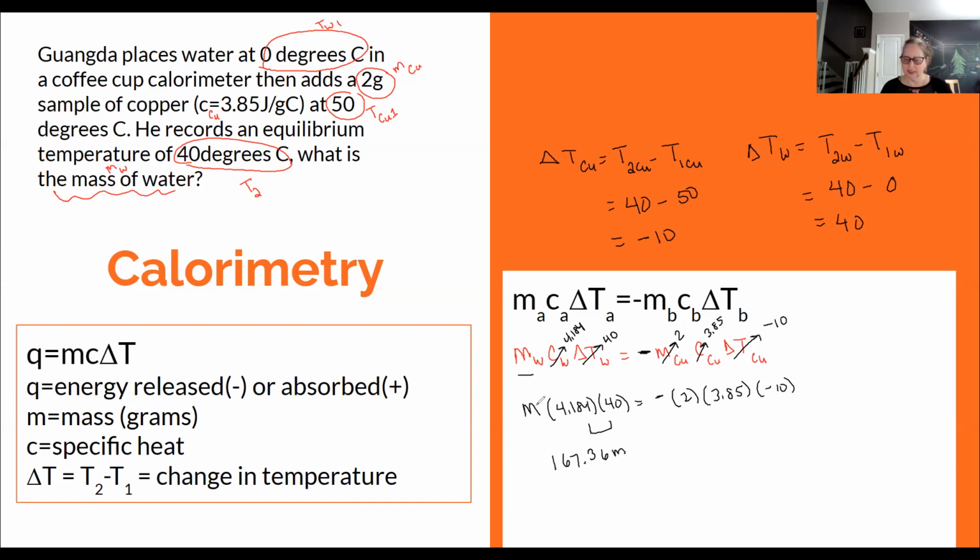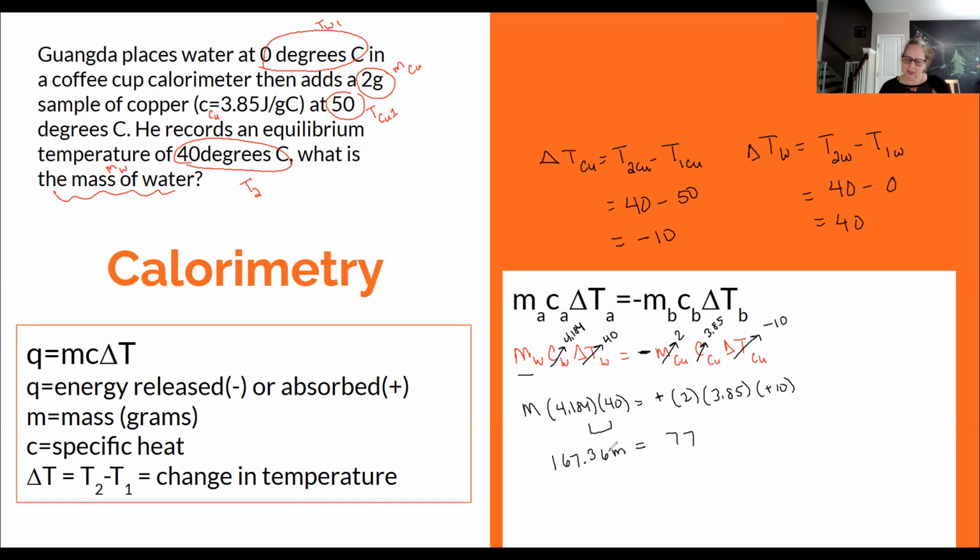Why did I rearrange those? Just so it looks more like an algebra problem, because we got to access our algebra brains here. And on the right side, negative 2 times 3.85 times negative 10 gives me a 77, because two negatives equal a positive.